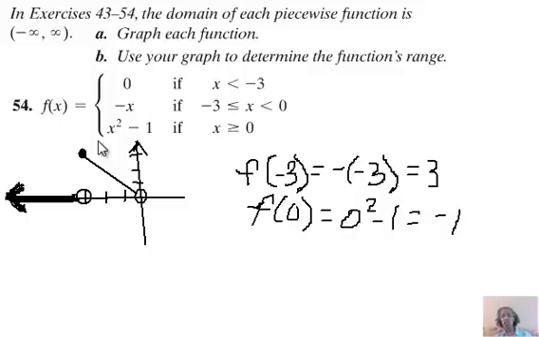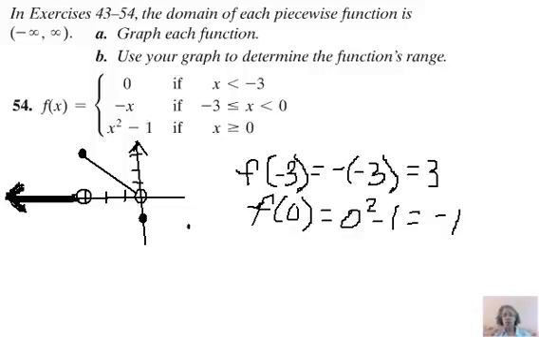And then I just need to plot a solid circle at -1 for this. So when x is 0, y is -1.